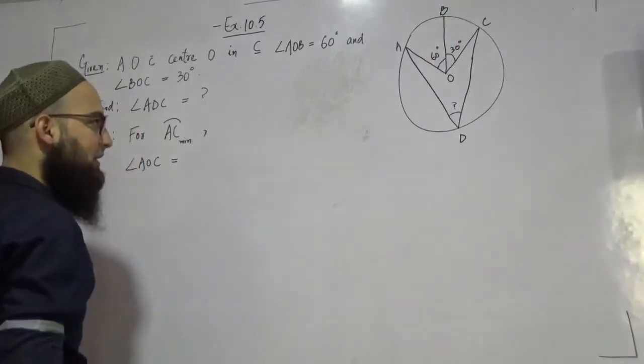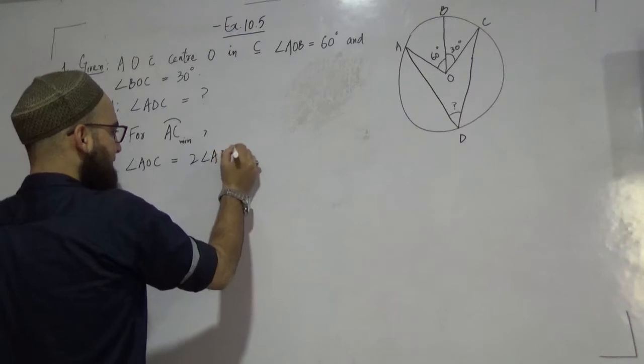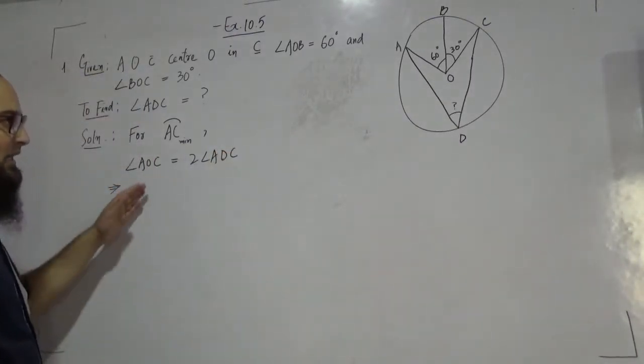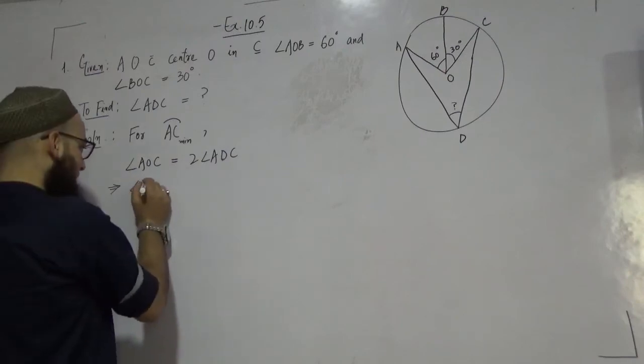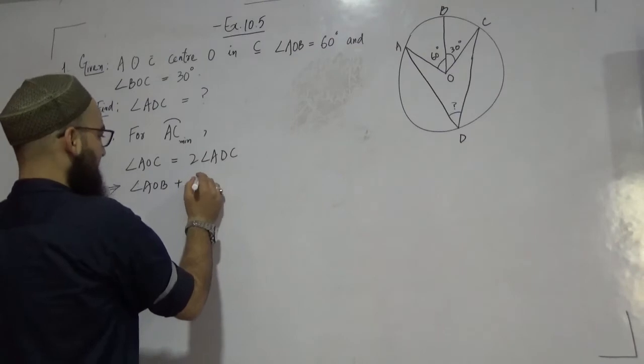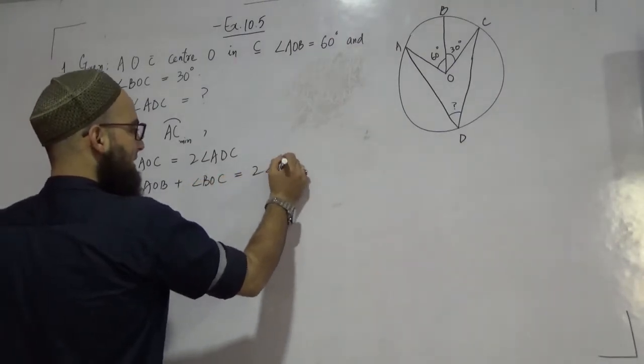That means, at D, twice angle ADC. Got it? Which implies that angle AOC, the combination of angle AOB and angle BOC, is equal to twice angle ADC.